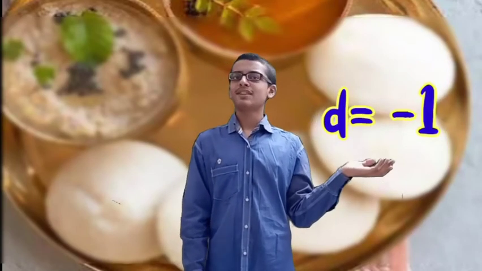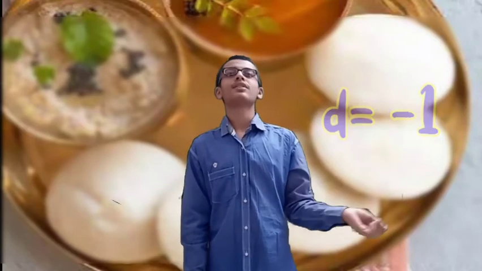We can have an AP while eating idlis too. Here the common difference would be -1 because we are eating one idli each time. So the AP would be 10, 9, 8 and so on till 0, because after 0 nothing would be left in the dish. So here the AP is also very interesting. Did you also find it interesting?